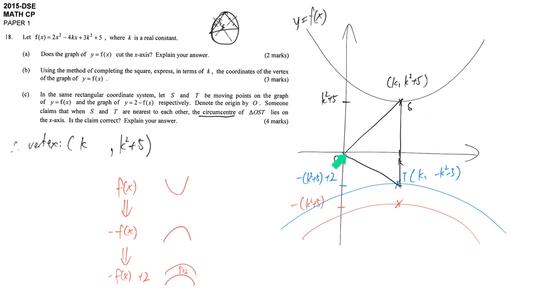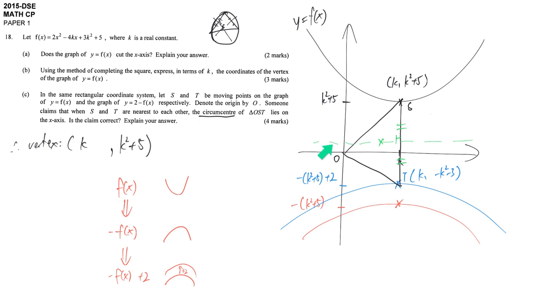OS and OT are not that convenient. ST is really convenient, because this is a vertical line. So its perpendicular bisector is a horizontal line, like this, and the circumcenter is somewhere on this line. They ask you, is that line the x-axis?